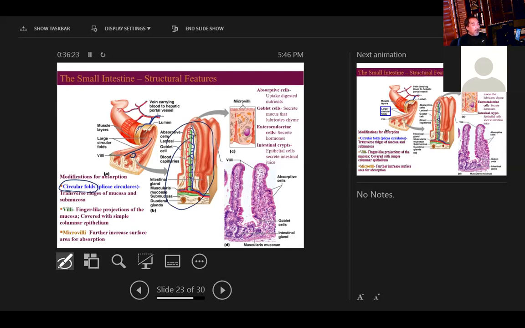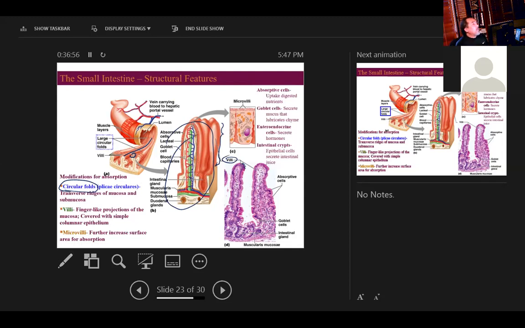Okay, and then after that, you got this finger-like projection of the mucosa. These are your villi. That's your villi. Okay. So you have the villi, and then the microvilli are going to be located here on top of the simple columnar epithelium actually. Okay, so they will have those microvilli located there.